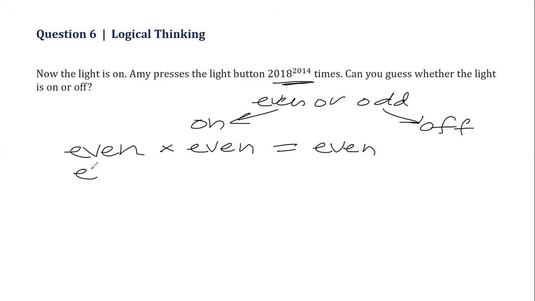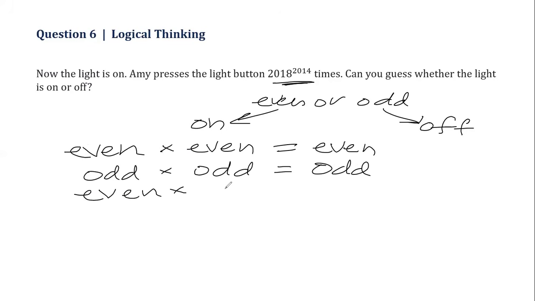How about if you multiply an odd number with another odd number? Your product should be an odd number. And can anyone answer what you should get if you multiply an even number with an odd number? Even number. Yes, you should get an even number.